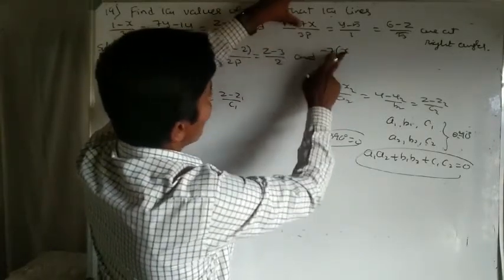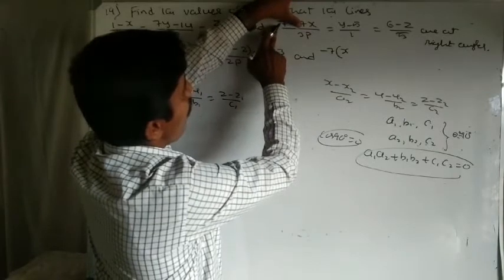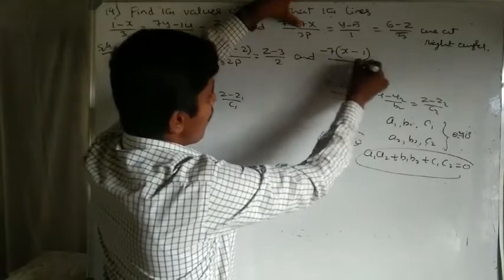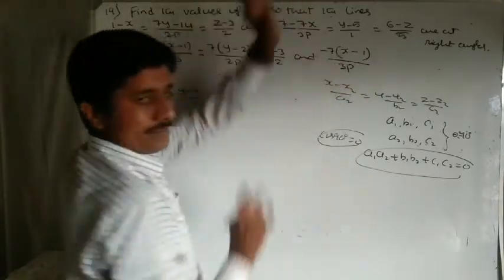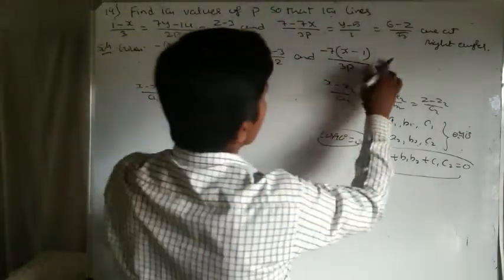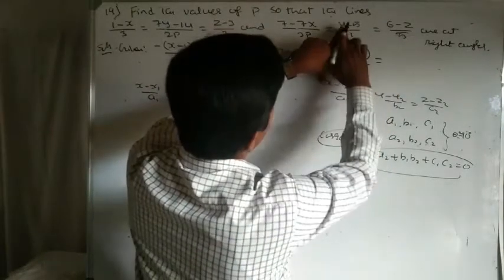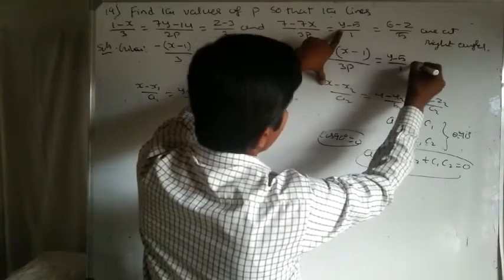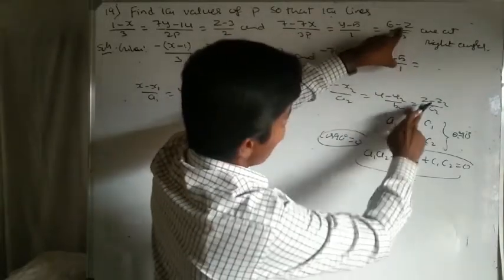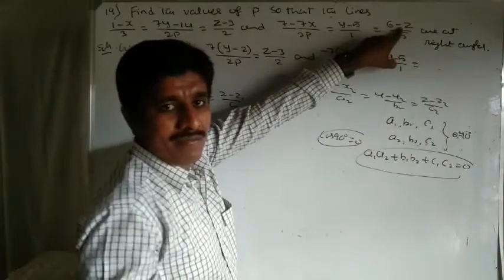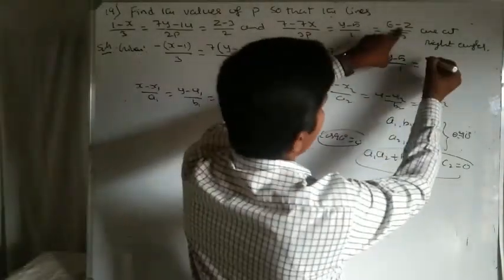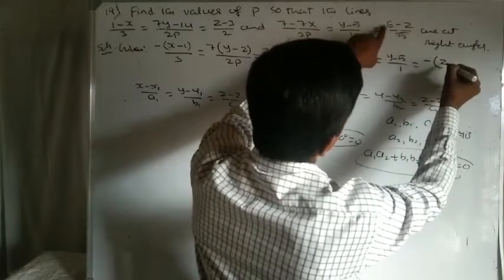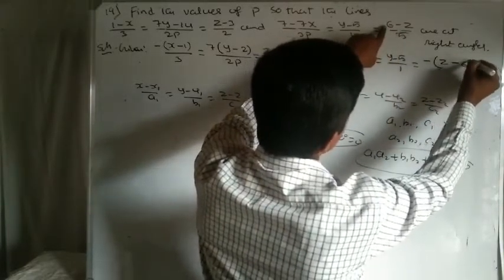Minus 7 common, remaining plus x; in the constant, minus common means plus, remaining minus, 7 common, remaining 1, divided by denominator 3p. Second one is in standard form, y minus y2 like y minus 5 by 1, take as it is. Next, the z coefficient is minus, but in standard form the z coefficient is plus 1. Therefore, I am taking minus common factor, remaining plus z, and in the constant, minus common, remaining minus 6, divided by 5.